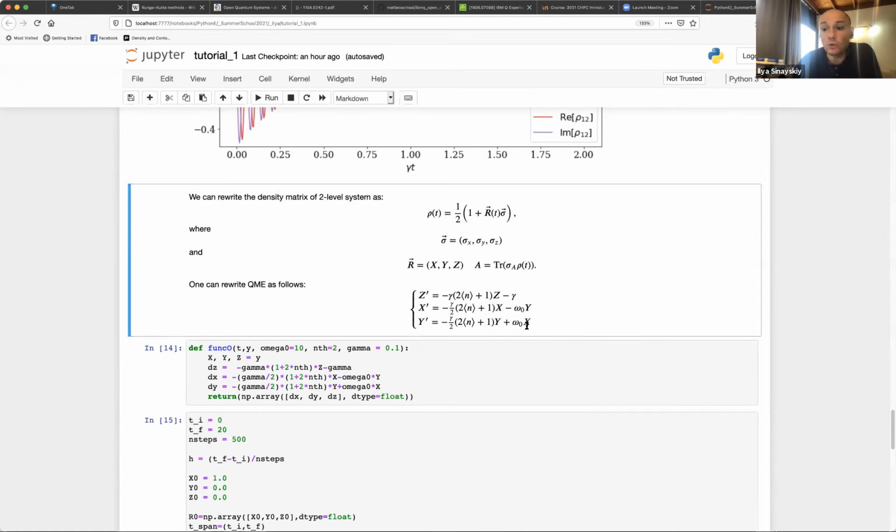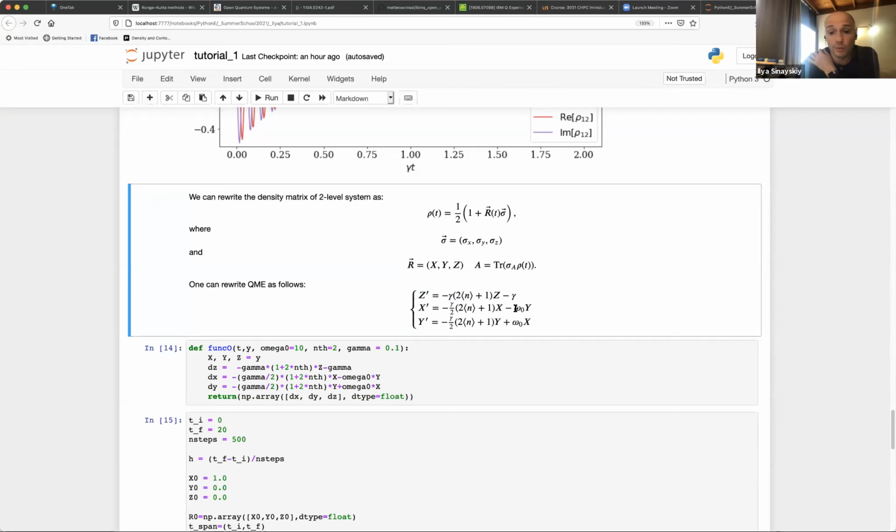And we can also very easily say something about the steady state solution of this system, because steady states happen when the time dependence is equal to 0, so the derivative is equal to 0. We can see that from these 2 equations, the x and y components are equal to 0. And there will be only a non-zero z solution, and it's going to be negative. That is perfectly fine and nicely agrees with thermodynamics, because that's what you expect.